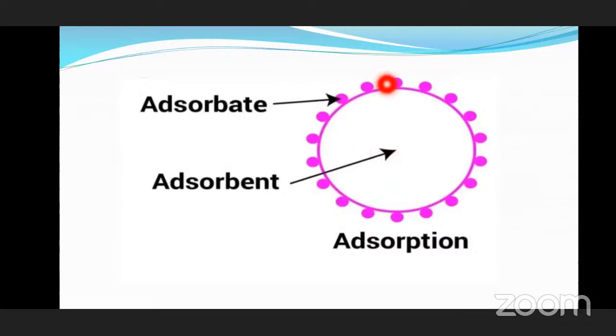This is charcoal, this is acetic acid. That's why this is the best example for adsorbate and this is the best example for adsorbent. Don't confuse them, but most students are confused here. What is adsorbate and what is adsorbent?